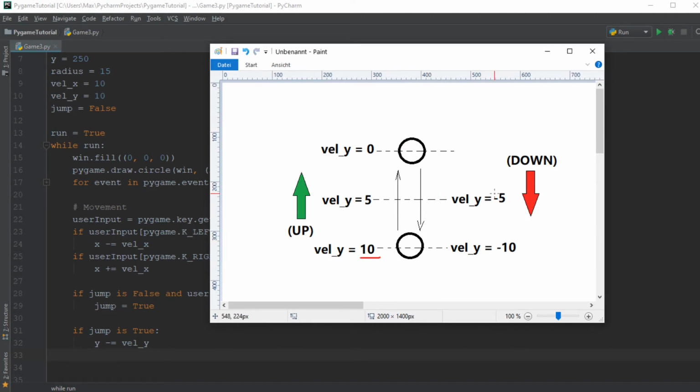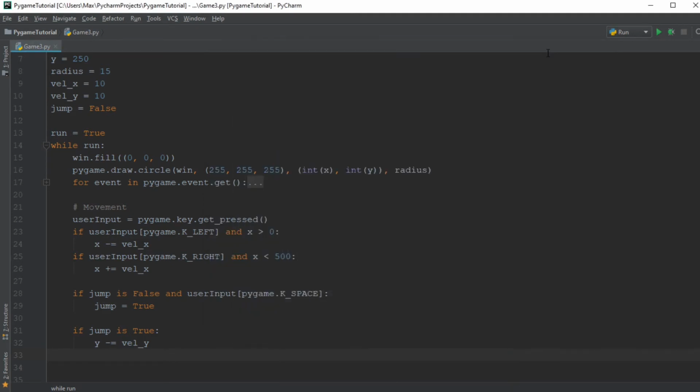But now you'll notice that the velocity has the opposite sign. Over here, when we're moving up, we have a positive sign, but when we are moving downwards, we want to have a negative sign. So the way we can implement this in our code is by saying that we want to decrease the velocity in y direction by 1 unit for every while loop iteration.